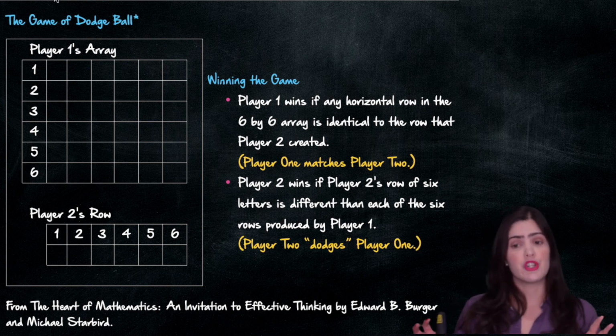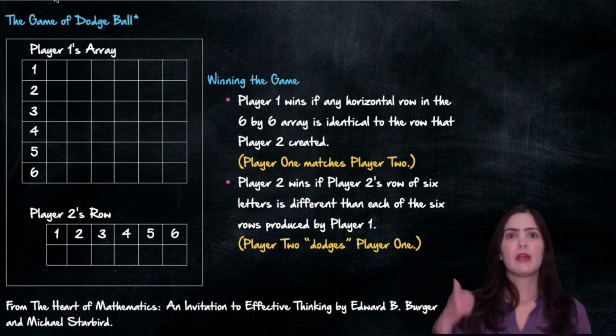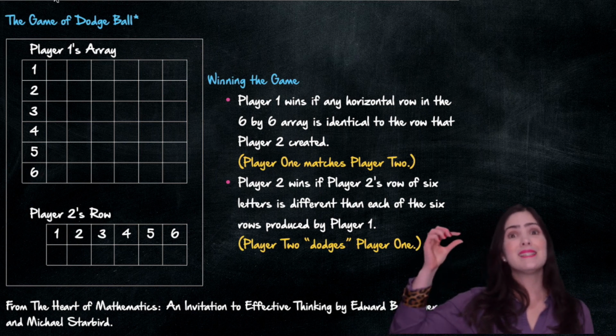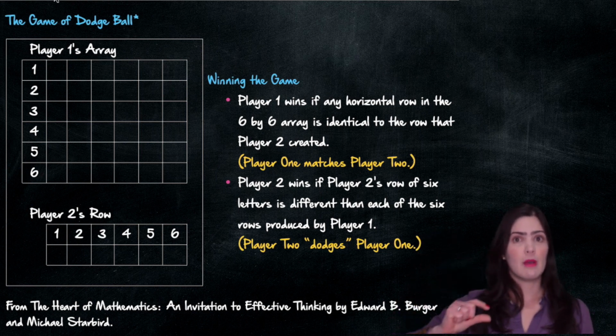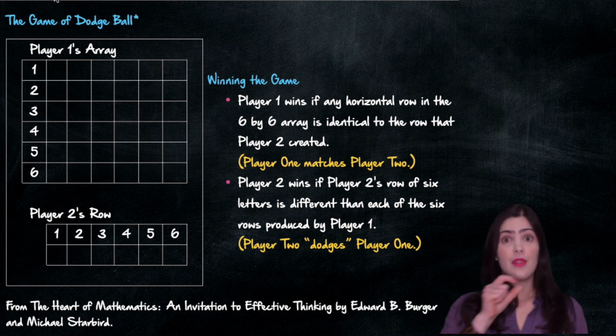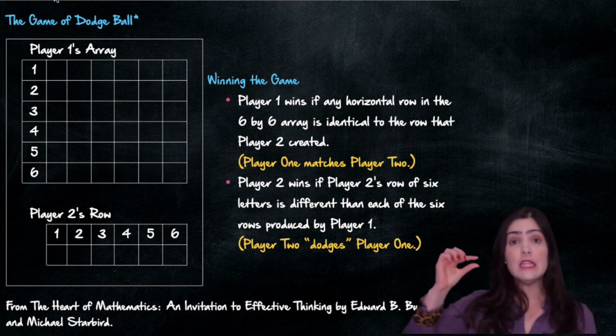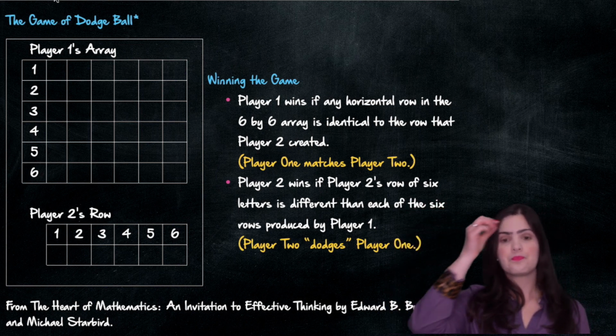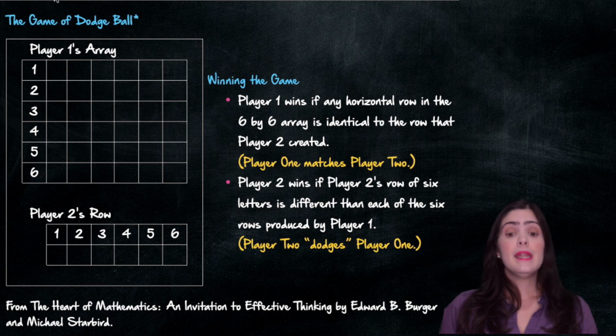So player 2 dodges player 1. What this means is player 1 wins if there is one row created by player 1 that is equal to the one created by player 2. Player 2 wins if their row is different from each of those 6 rows that were created by player 1. Okay, and now let's play the game and see what happens.